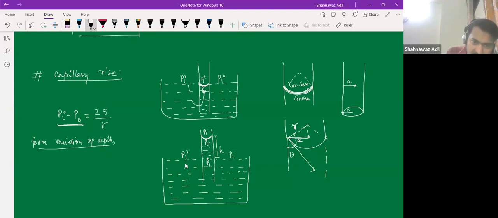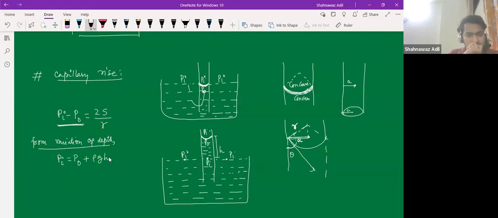We know that these points are at the same distance, right? So Pi would be this point and this point. So Pi would be how much? That would be Po plus rho gh.